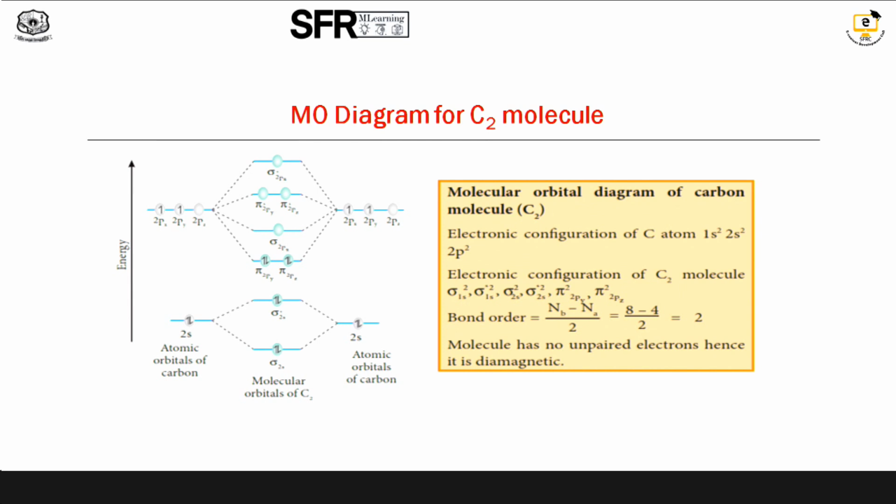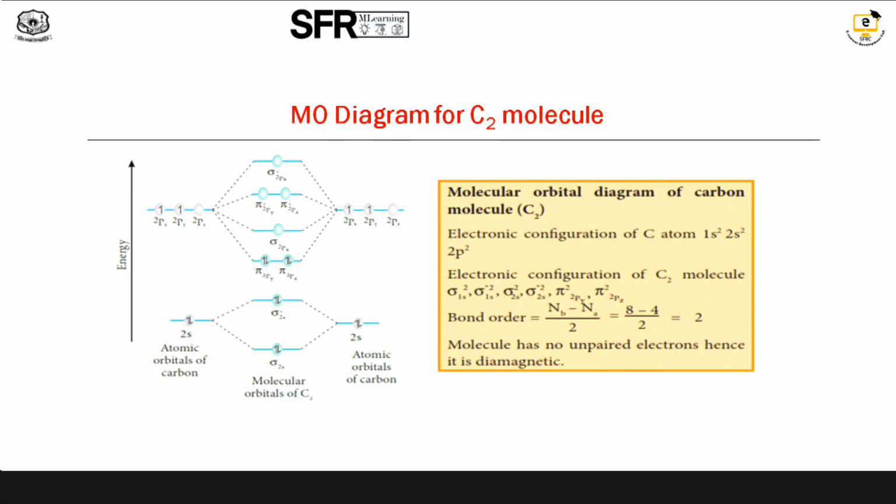These 4 electrons are all distributed in the pi bonding molecular orbitals, equally in pi 2px2 and pi 2py2. The electronic configuration after the molecule is formed is sigma 2s2, sigma star 2s2, pi 2px2, pi 2py2.